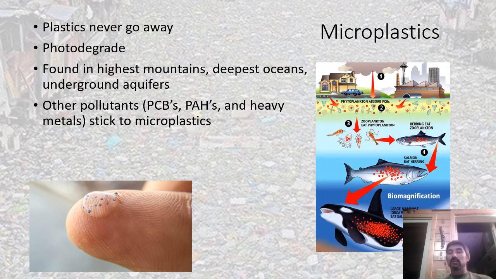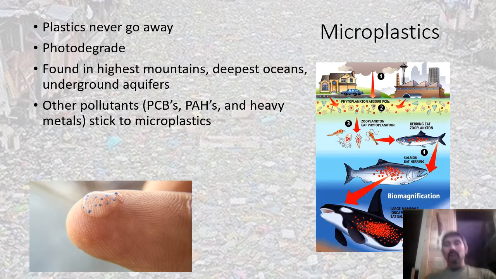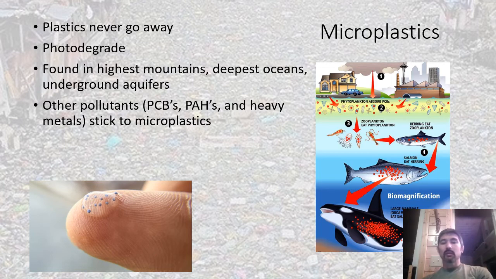Now let's go on to this topic of biomagnification. This picture shows us biomagnification with PCBs, but we can also use it to understand how it happens with microplastics. At the top of the picture we have phytoplankton, which are basically single-celled plants that live in the ocean. These phytoplankton are the basis of the ocean food chain. Not every single phytoplankton has microplastic within it.